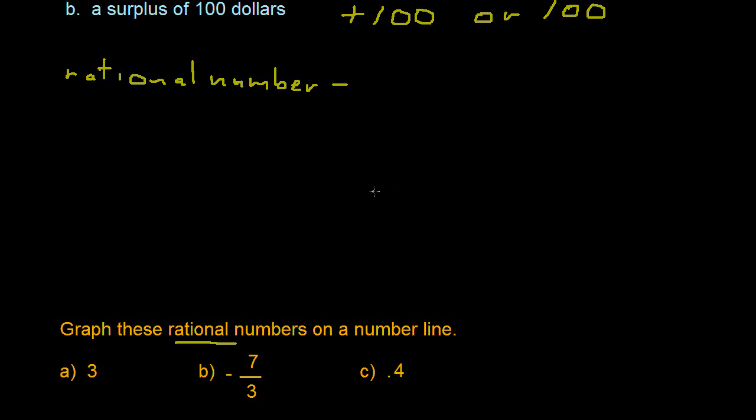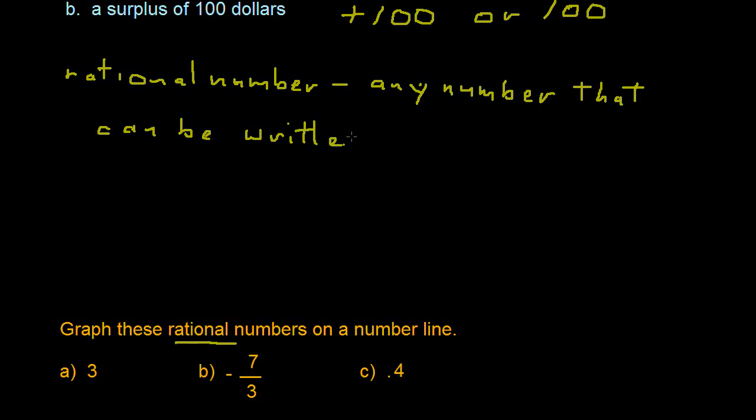A rational number is any number that can be written in the following form, a over b, which is a ratio or a fraction, where both a and b are integers.